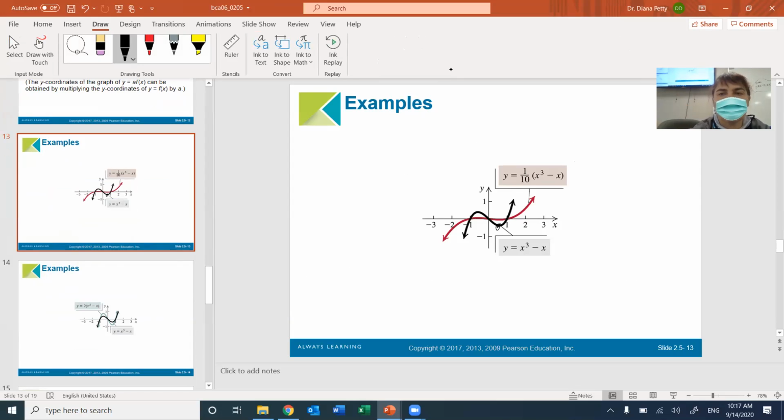Let's just see first what happens with one point. What are we changing? This is the original, the parent. The whole function, the parent, has been multiplied by 1 over 10.